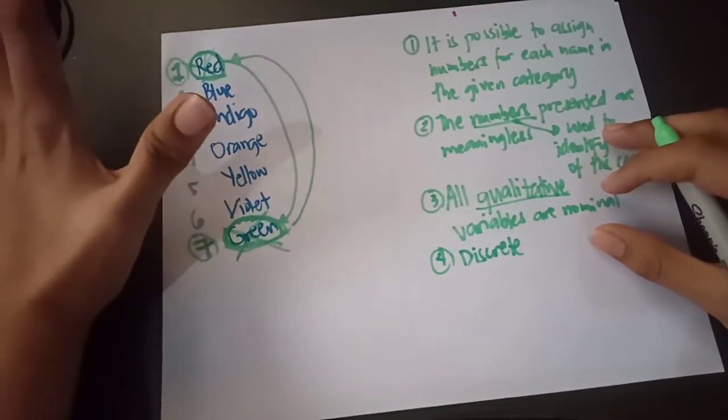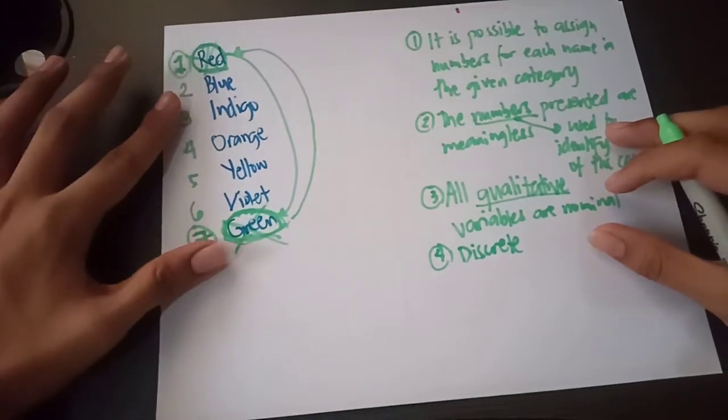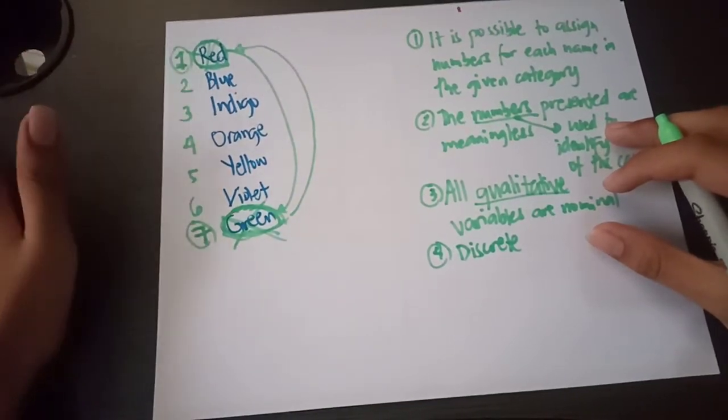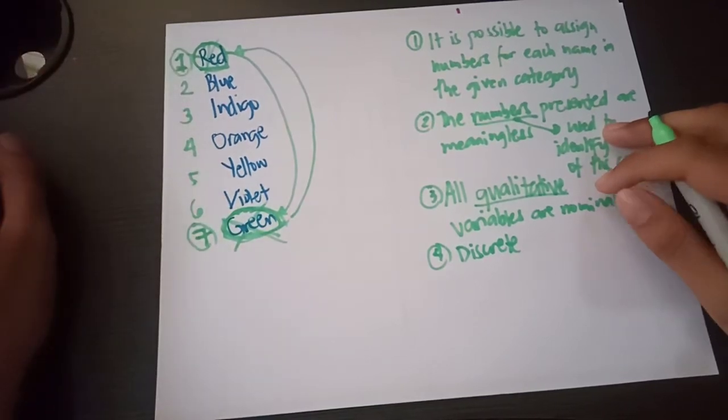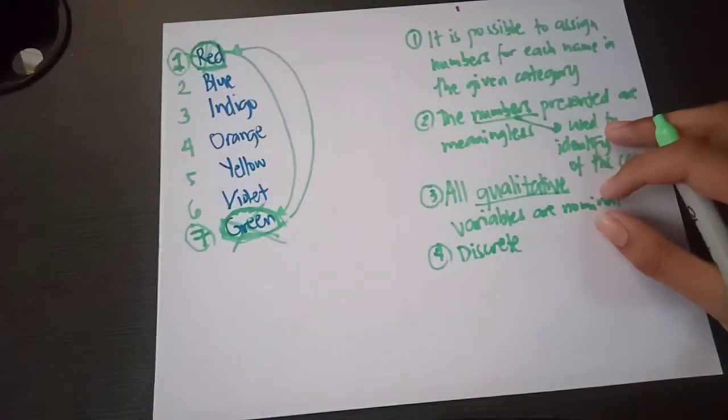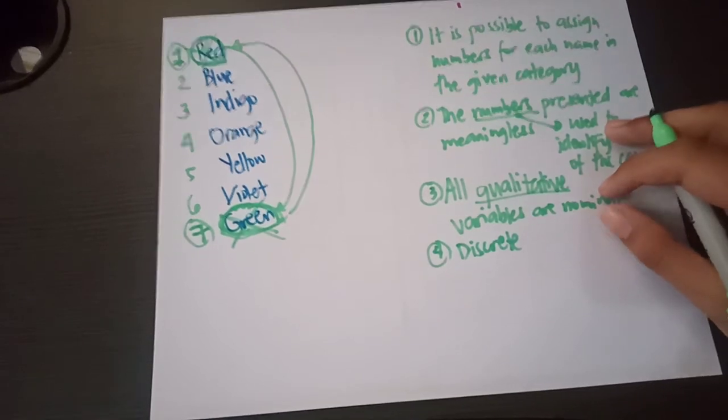So we can say that there are 7 possible values under the variable of color. They are discrete because we can count them.